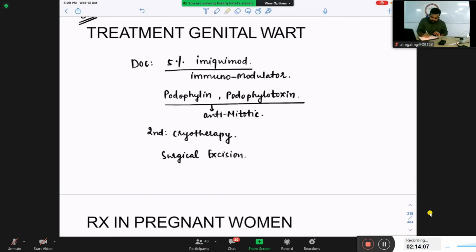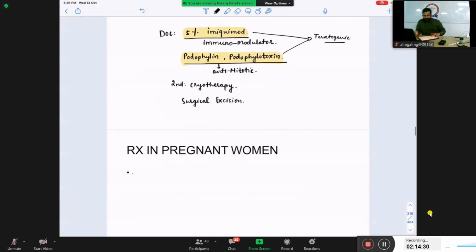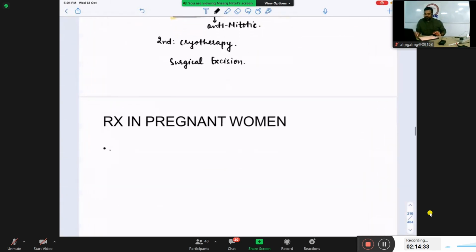But if they ask treatment of genital warts in pregnancy, see, these medicines are teratogenic. And that is why if they ask what is the treatment of a genital wart in a pregnant woman, the treatment of choice is cryotherapy.